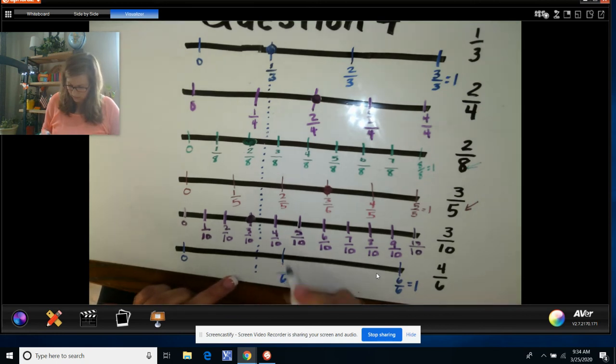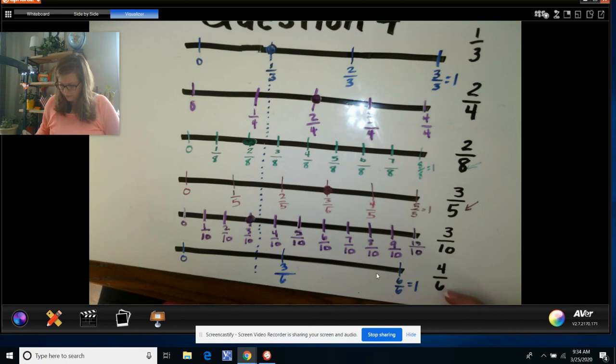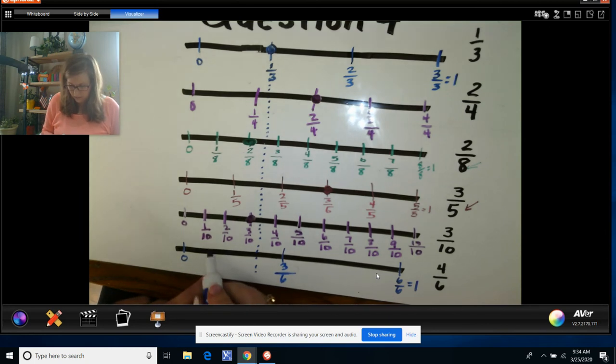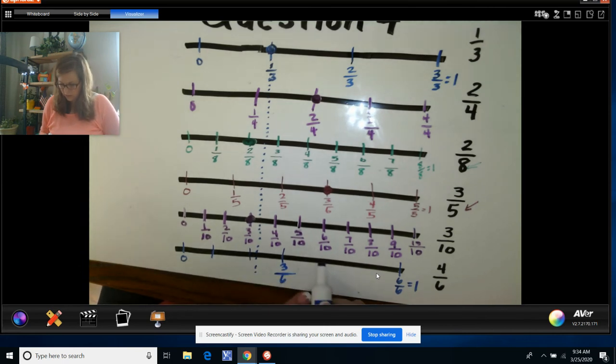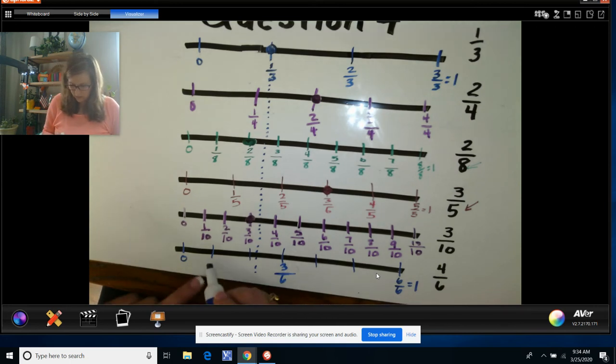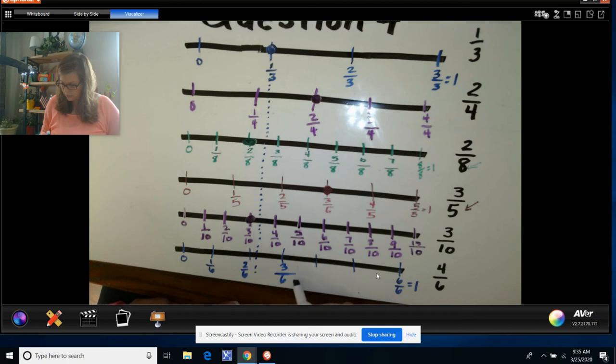Sorry, I was looking at that 4. So half of 6 is that 3. So I know that 3/6 is halfway. So now I've got to break this into sections. So 1/6, 2/6, 3/6, 4/6, 5/6, and 6/6.